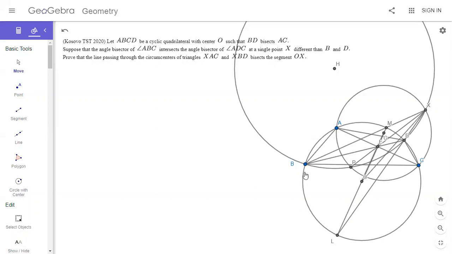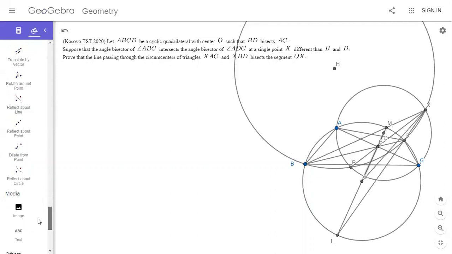Let's see. So if LPED was cyclic, can we sort of use that to help us prove it?